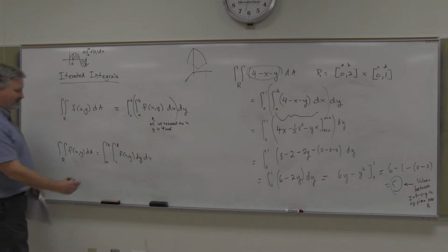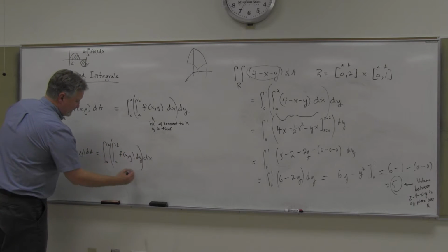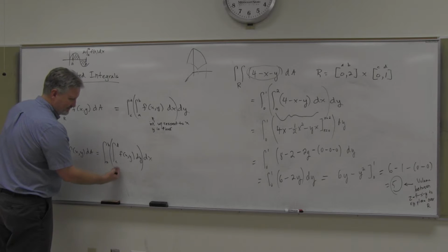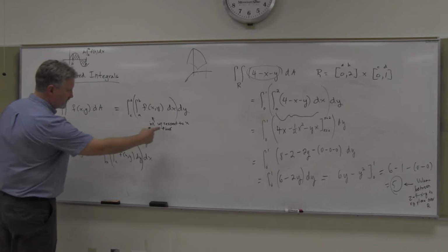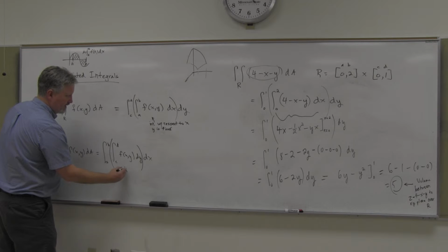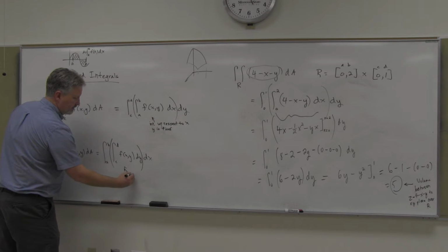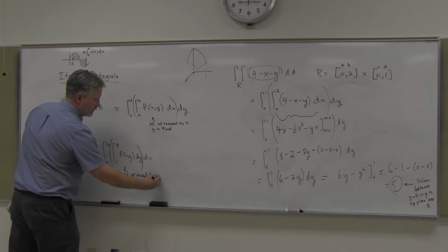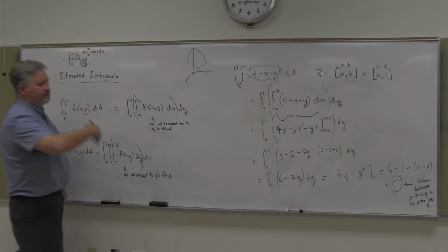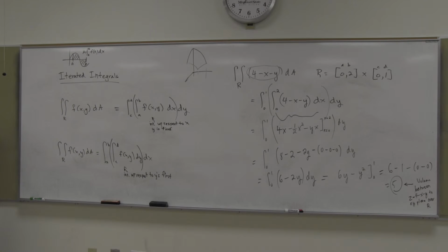Again, you do the innermost integral, the one to the right, first. What am I integrating with respect to first here? Y. Then you do the x's. We integrate with respect to the y's first, keeping the x's fixed, then do the x's.